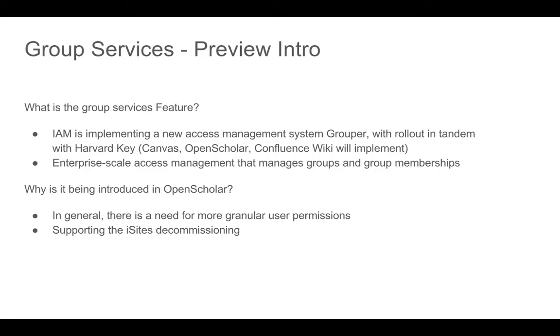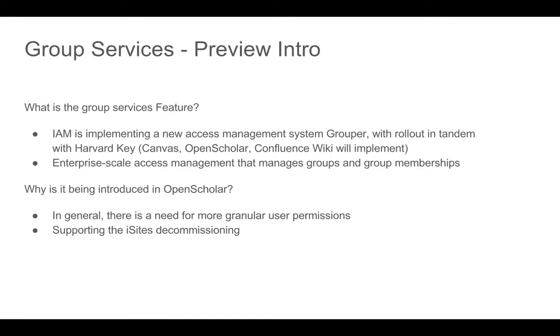Okay, switching gears, group services. So we just want to preview what it is. This is something totally different than HTTPS. The IAM group here at Harvard, Identity and Access Management, is creating a new system that allows programs or applications to pull in groups.